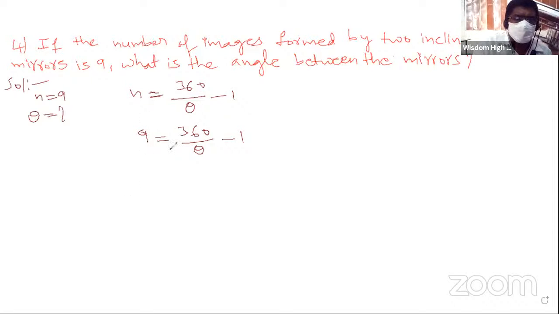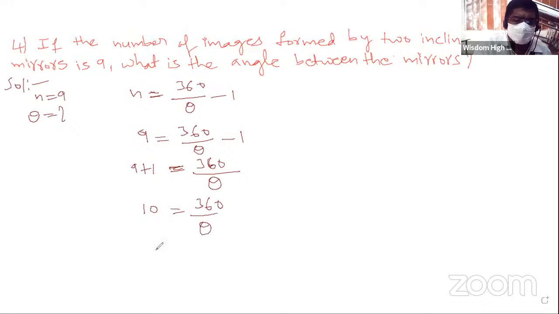Taking the minus 1 to the left side, 9 plus 1 equal to 360 by theta. So 9 plus 1 means 10 equal to 360 by theta.